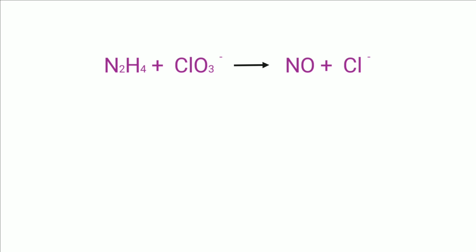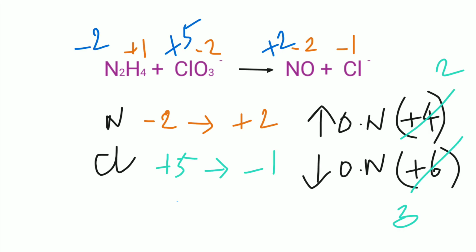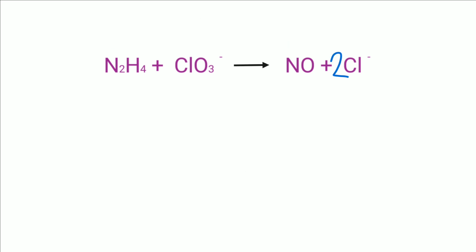The nitrogen on the right hand side is multiplied by 3. Now we can balance the left hand side.